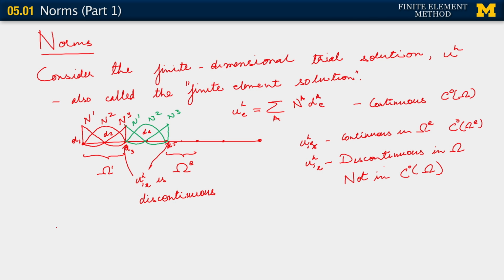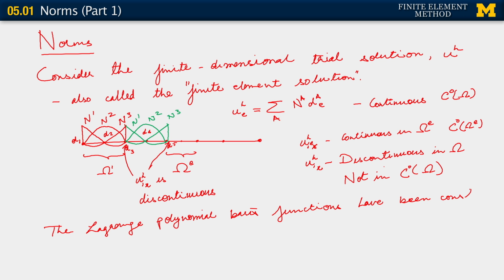It comes from the basis functions. So what's important to notice here is that the Lagrange polynomial basis functions have been constructed to be only C0 on omega.